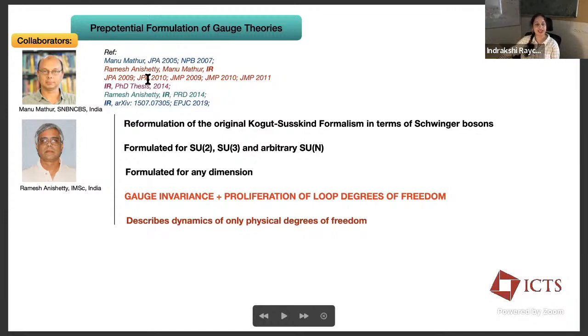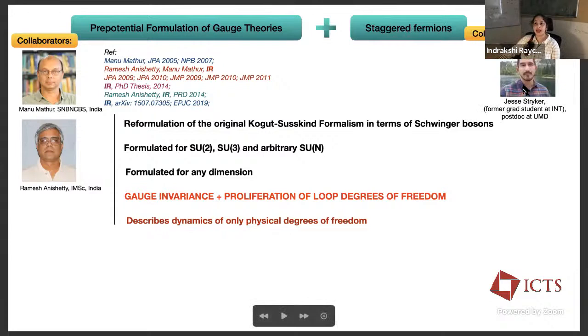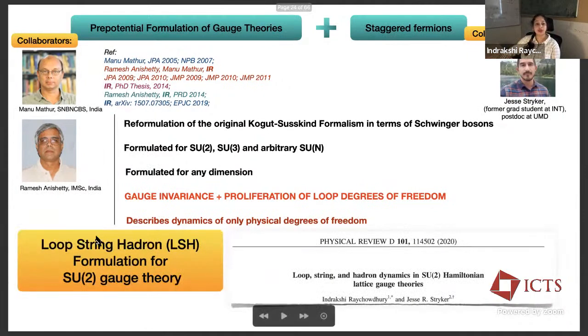I did my PhD on this topic, and thereafter the work has continued, through a series of developments to provide this framework even for arbitrary SU(N) gauge group, which has several benefits that I will come to slowly. Now, recently, with another collaborator who was then a grad student at IMT, I combined this prepotential framework with staggered fermions to obtain the Loop-String-Hadron formulation for SU(2) gauge theory.